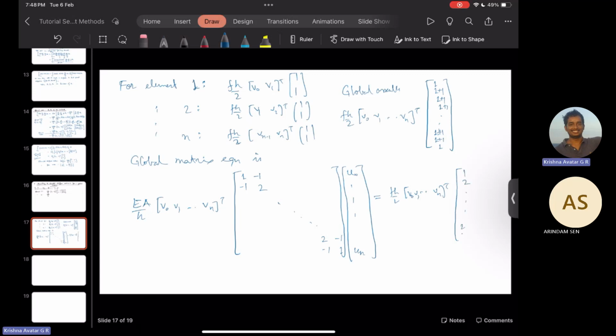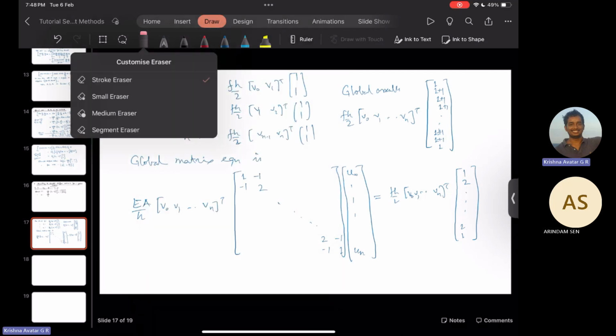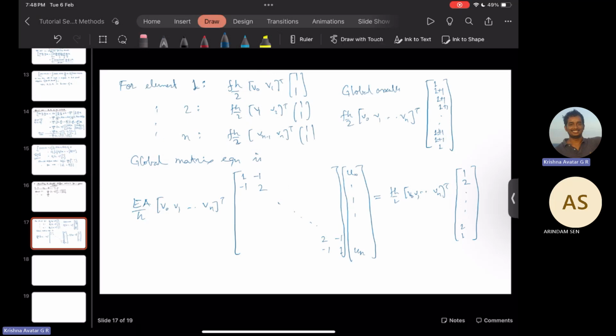and this is equal to F of H by 2, V0, V1 till Vn transpose, and this will be 1, 2, 2, last. Now we have one more term which was P v at x equal to L, isn't it? So we can write it as P into V0 till Vn, since Vn was what is represented here, and you can write 0 0, and only the last element will be 1.